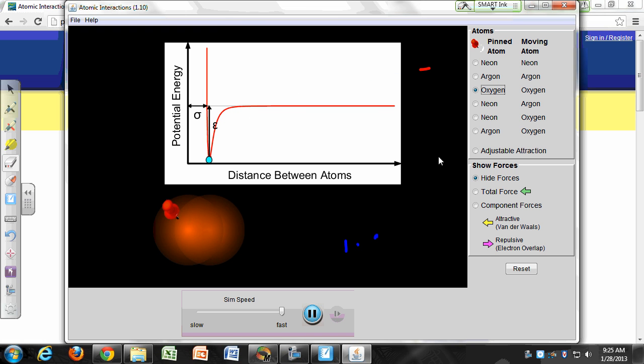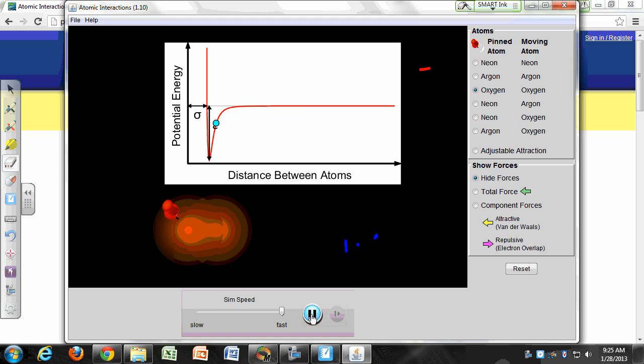By the way, let's see what happens here to O2. Let's say I started over here. Right there. What do you think is going to happen? Will the two get stuck if I release?